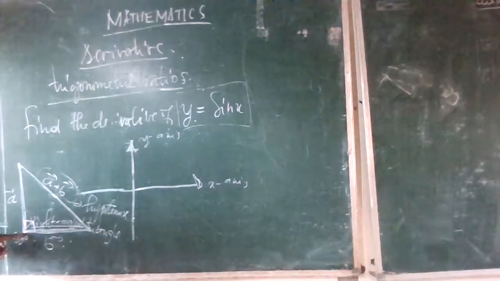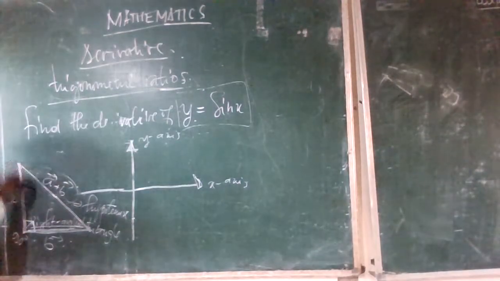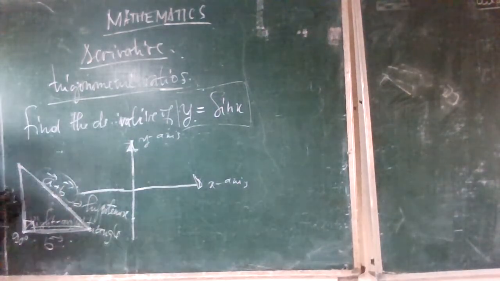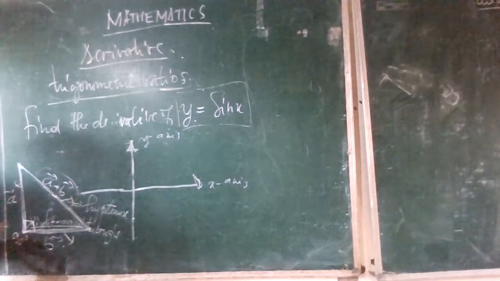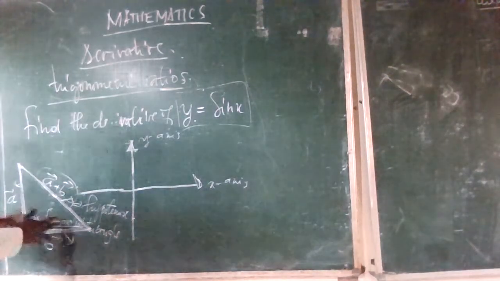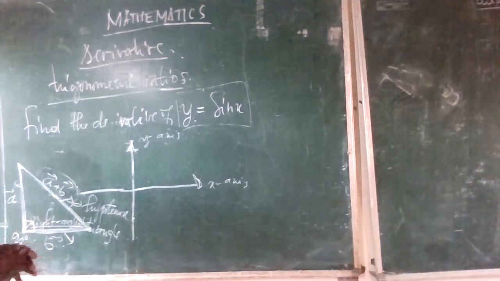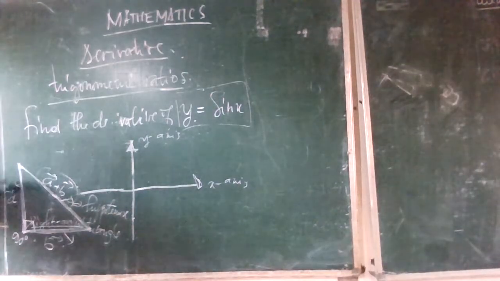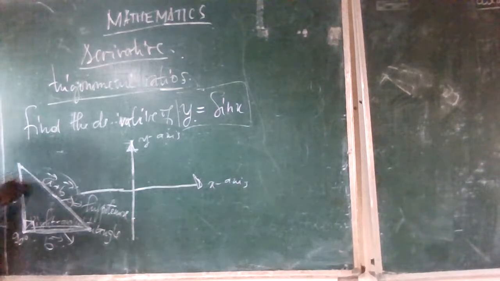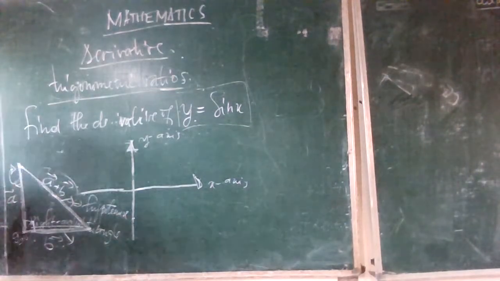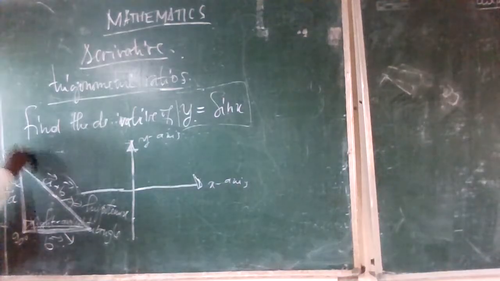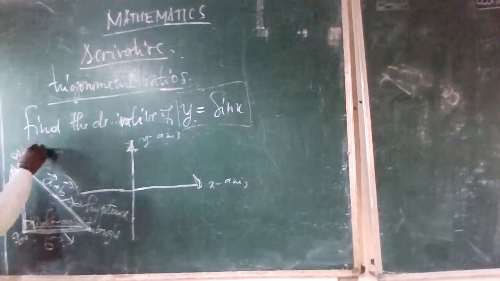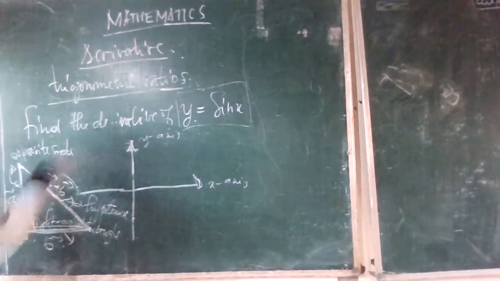Now, about this right-angled triangle, we give these sides different names. That is what we are going to see tomorrow. Thank you very much for your flowers and your heart. But I should say something on this. This is what we call the opposite side.